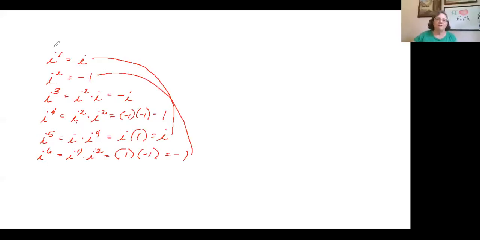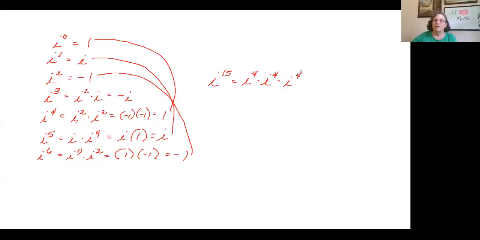As a matter of fact, if I went backwards, if I had i to the 0, anything raised to the power 0 is 1. So i to the 0 goes with i to the 4th, and so on and so forth. What if we had i to the 15th? If I wrote that as many i to the 4ths as I could, since i to the 4th is positive 1, that's the easiest thing to work with.